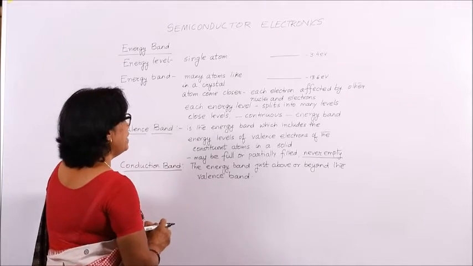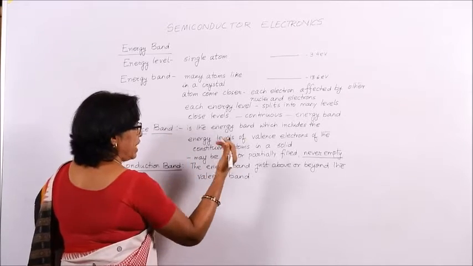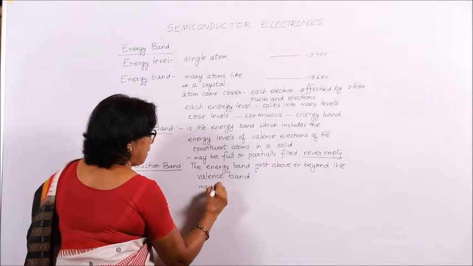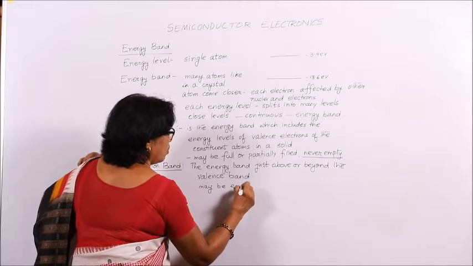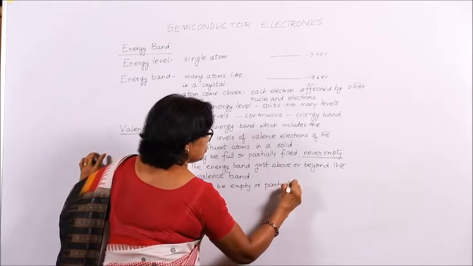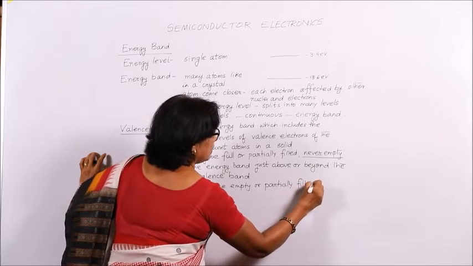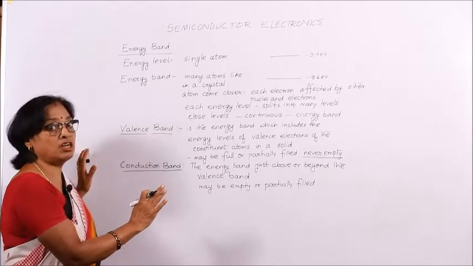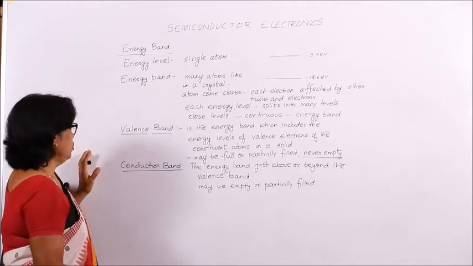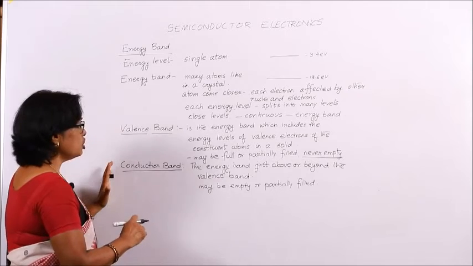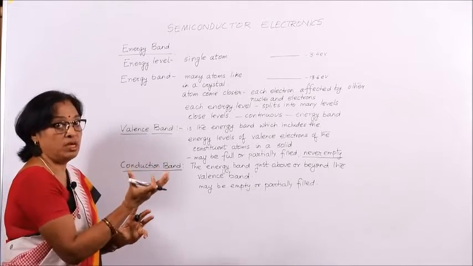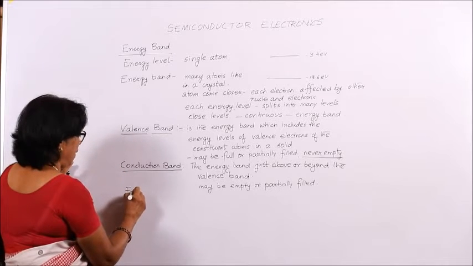So the conduction band may be empty or partially filled. If an electron is present in the conduction band, you are sure that the material can conduct. So we have the valence band and the conduction band. Between these two, the energy difference is called the forbidden gap.